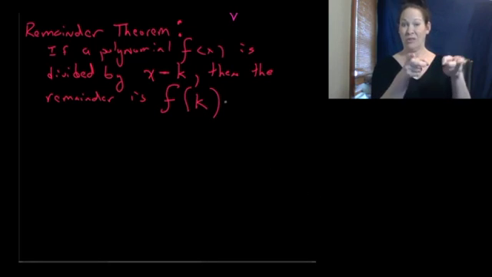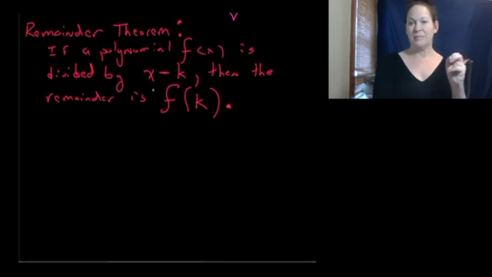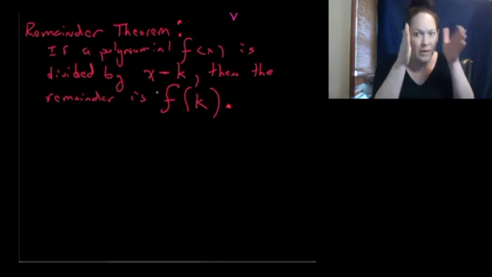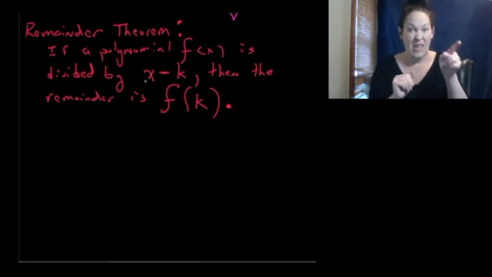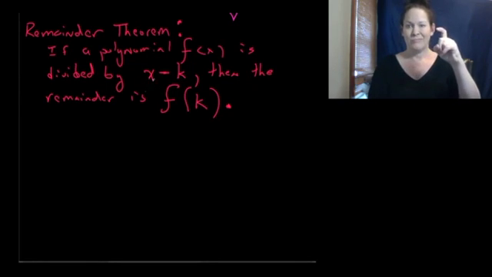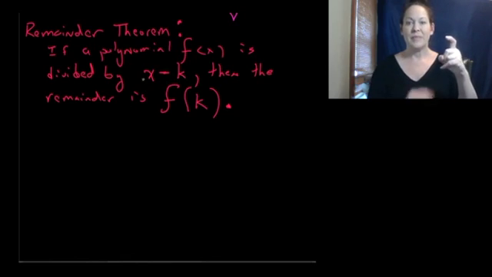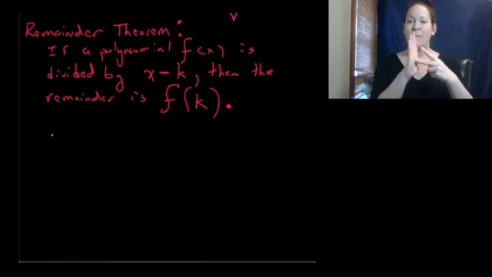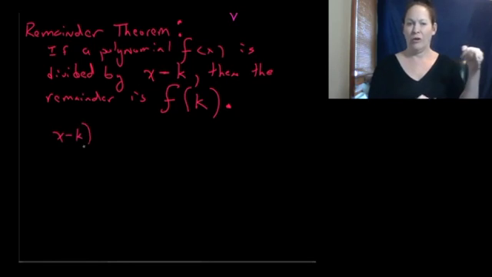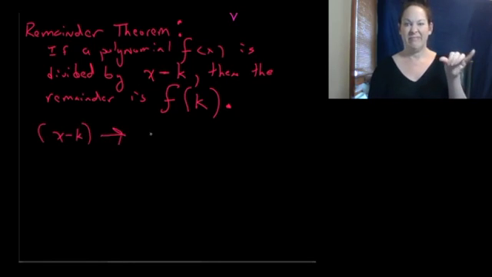Now I'm going to point to some caveats here, or some things we have to pay attention to, because this is really going to help us. This x is to no power. It's to the first power. It's x minus k, so this is a linear factor.